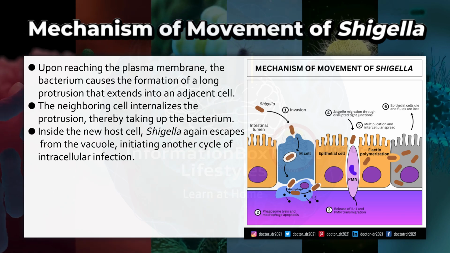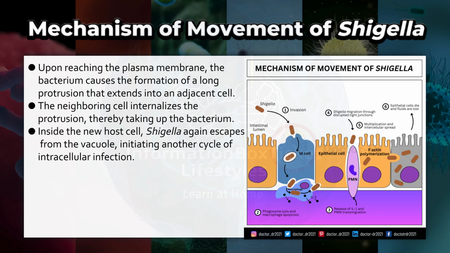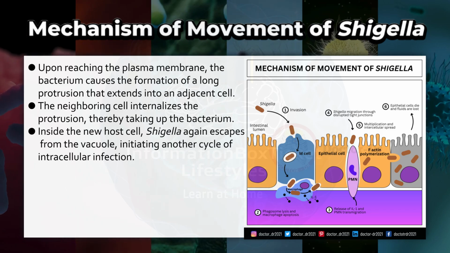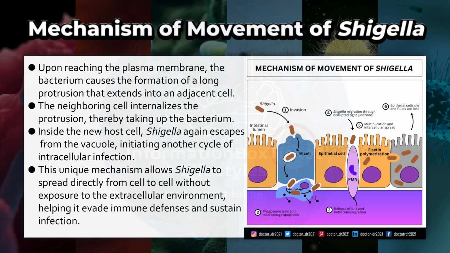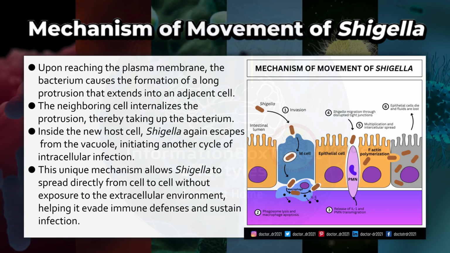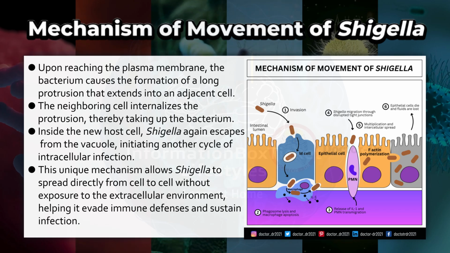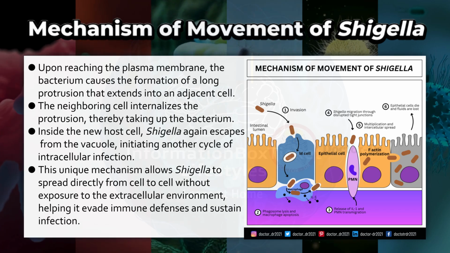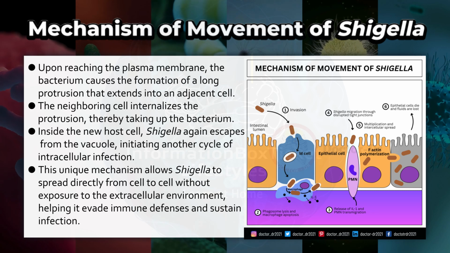Inside the new host cell, Shigella again escapes from the vacuole, initiating another cycle of intracellular infection. This unique mechanism allows Shigella to spread directly from cell to cell without exposure to the extracellular environment, helping it evade immune defenses and sustain infection.